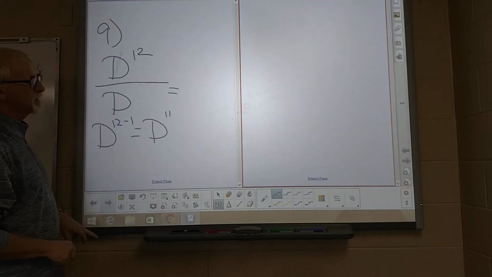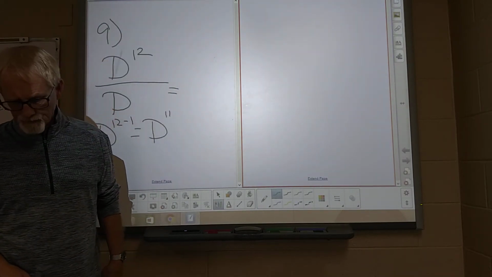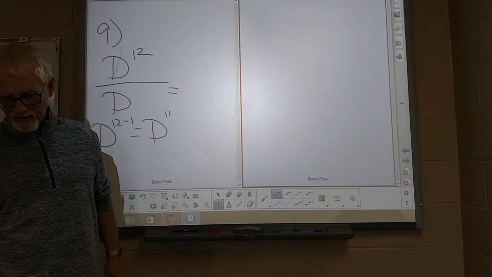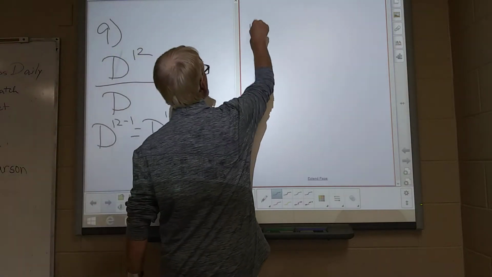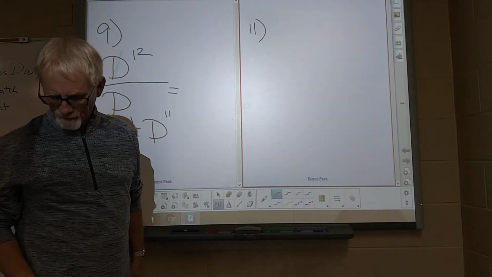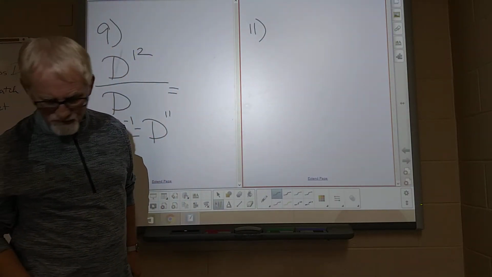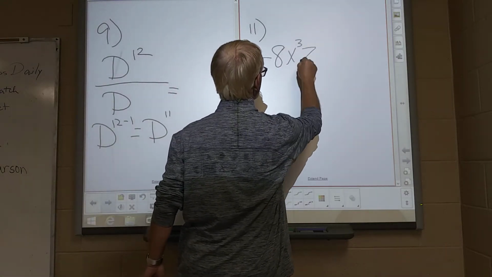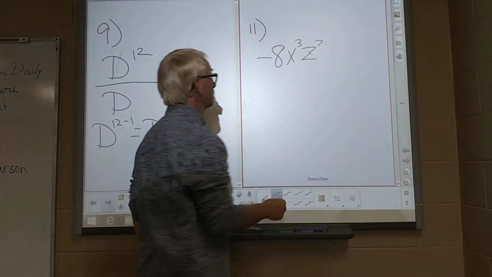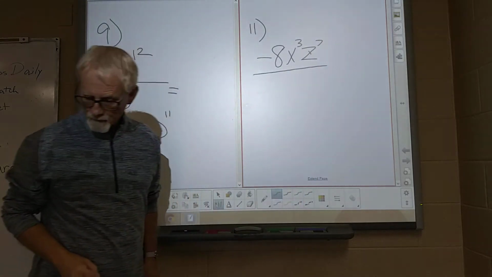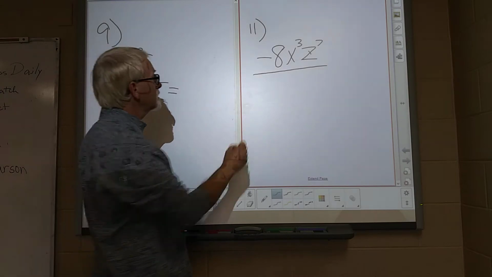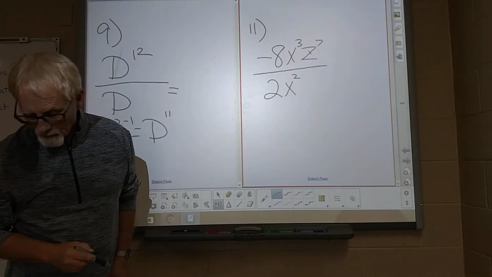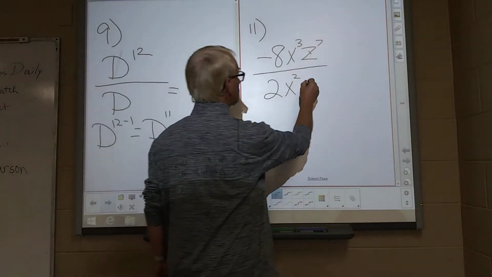Then let's skip down to number 11. Simplify. Assume that the conditions of the quotient of powers property are satisfied. We have here negative 8 x cubed z to the 7th divided by 2x squared yz.